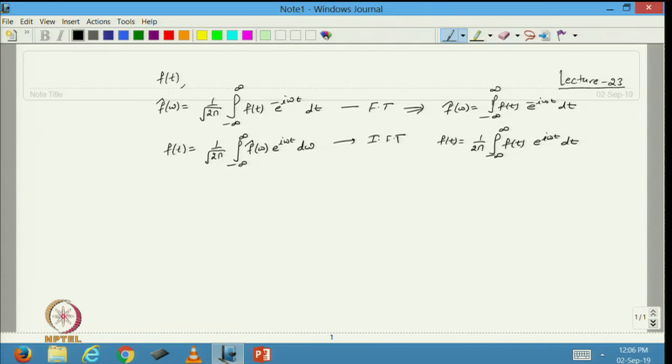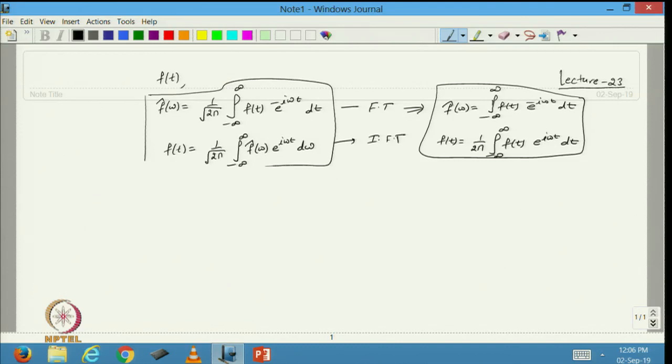So some books follow this type of expression for the Fourier transform and the inverse Fourier transform, but in our case we are taking this one. So for the same function you may get a different Fourier transform because of this factor 1 over under root 2 pi.